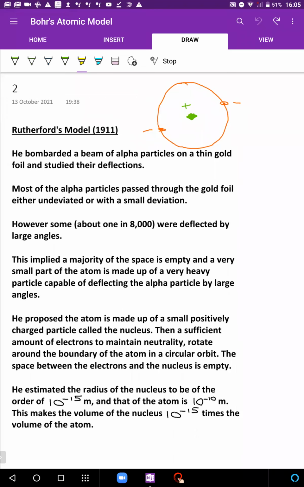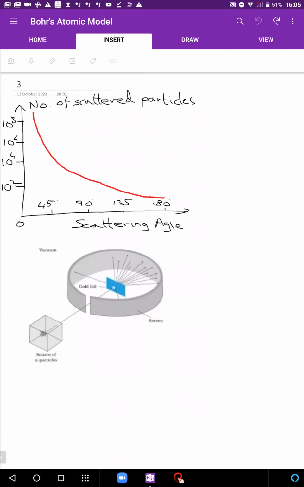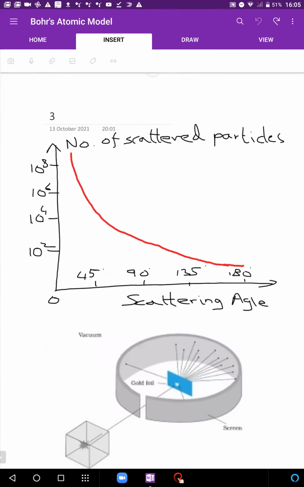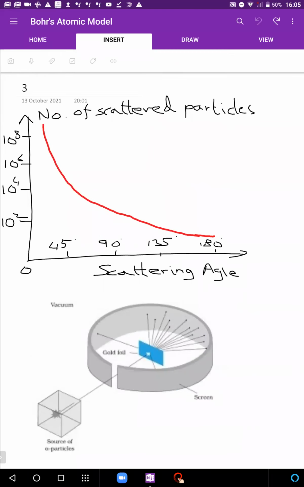Rutherford, nonetheless, just to show you, his setup looked like this. You might have definitely seen this diagram before. Again, the values on the graph are not exactly important. Maybe your CBSE board and all requires you to remember certain values.